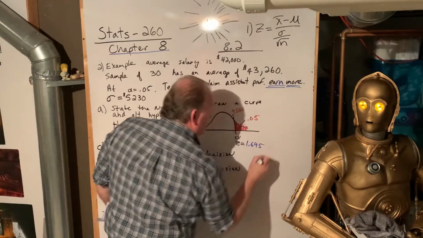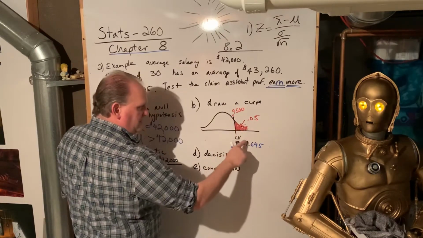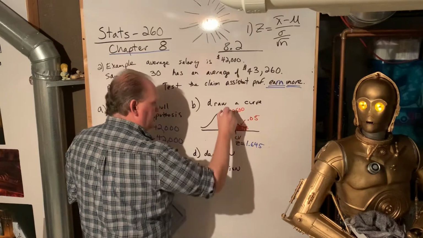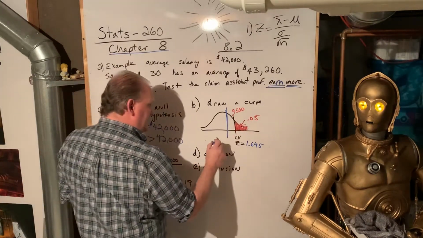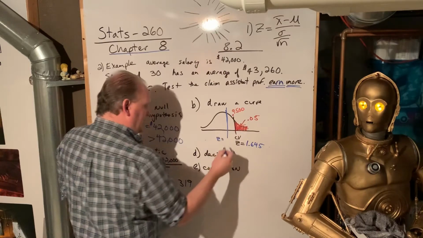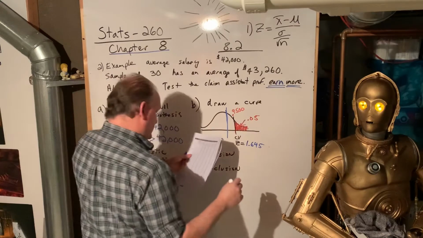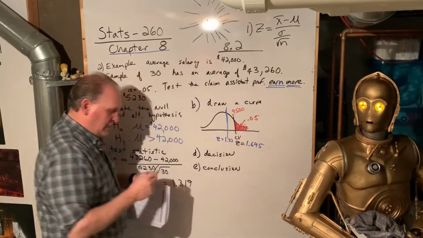So basically, if this number is bigger than 1.645, it'll be there. If it is less than 1.645, it'll be here. So that's where we ended up. Our test statistic ends up in the non-critical area, not in the little shaded area.